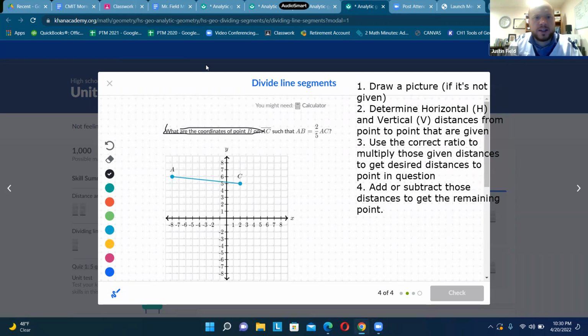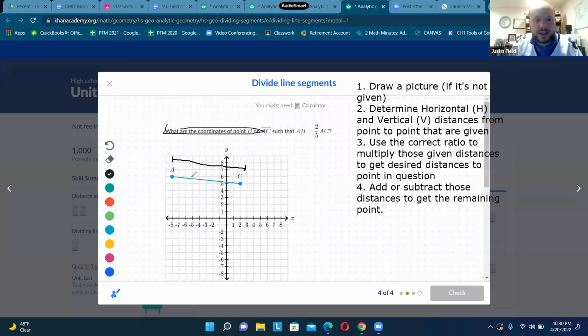So let's figure it out. B is such that AB is 2/5 of AC. So we see the whole thing is AC, and then B has got to be like here. It can't be too far because then it wouldn't be 2/5.